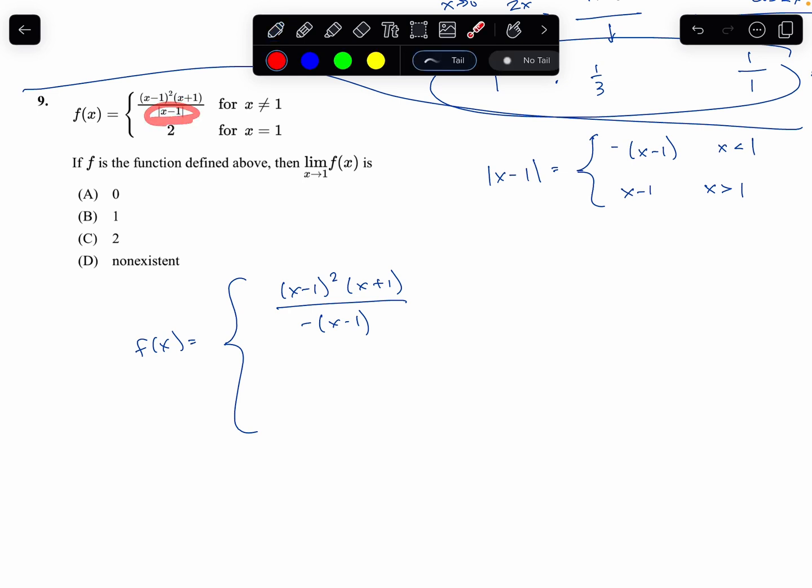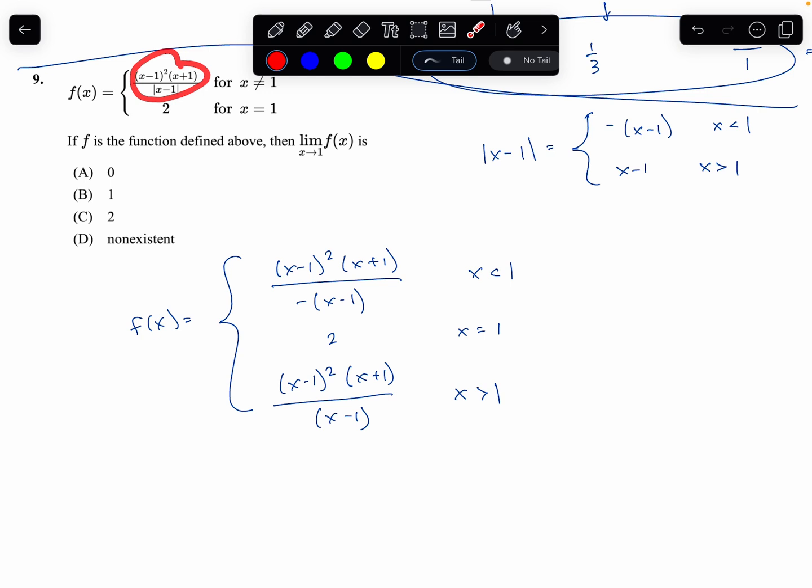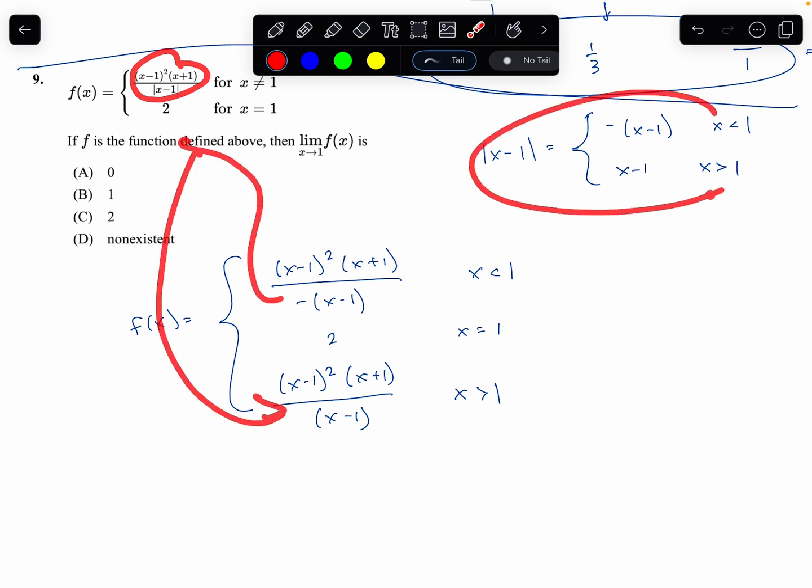It's going to be negative x minus 1 when x is less than 1. And it's going to be 2 when x is equal to 1. And then it's going to be x minus 1 squared times x plus 1 over just x minus 1 when x is greater than 1. So notice here I'm breaking this into two different functions, because this is a piecewise function as well.